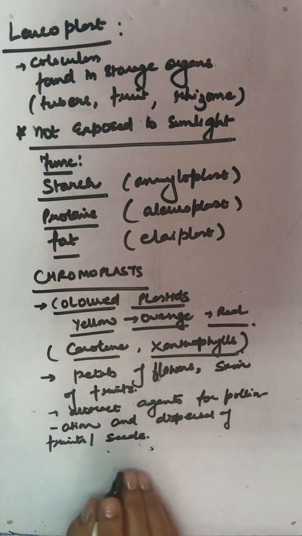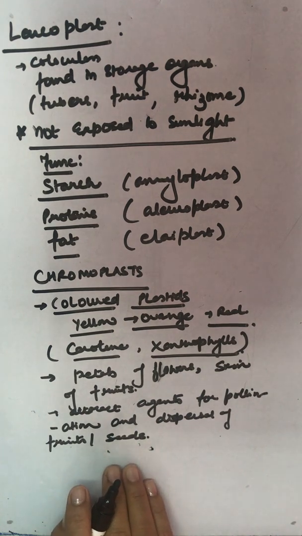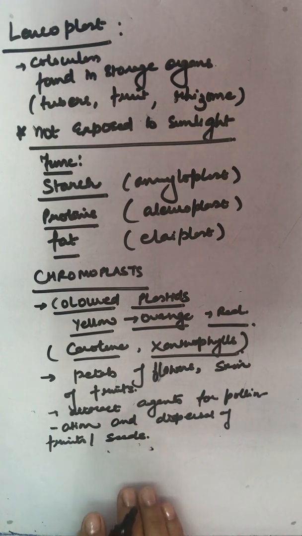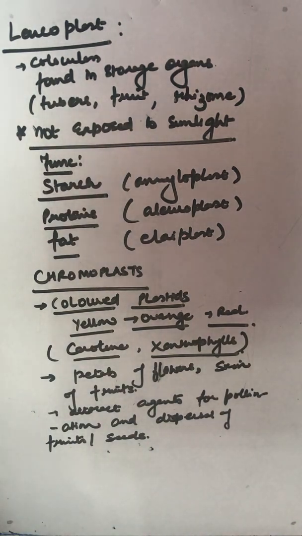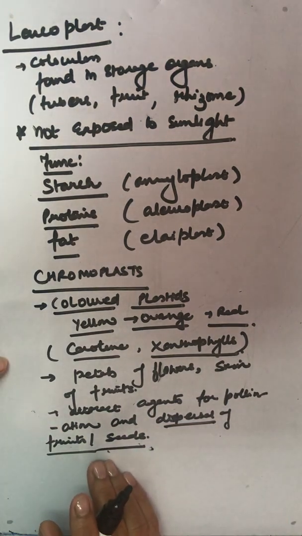So basically what is their main purpose? They are helpful in pollination, in fertilization, as they attract pollinators, and pollinators help in the dispersal as well as in pollination. Pollination and dispersal, that is mainly what you have to keep in mind.